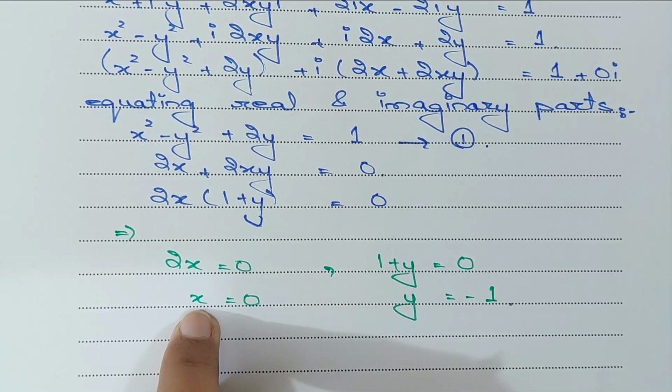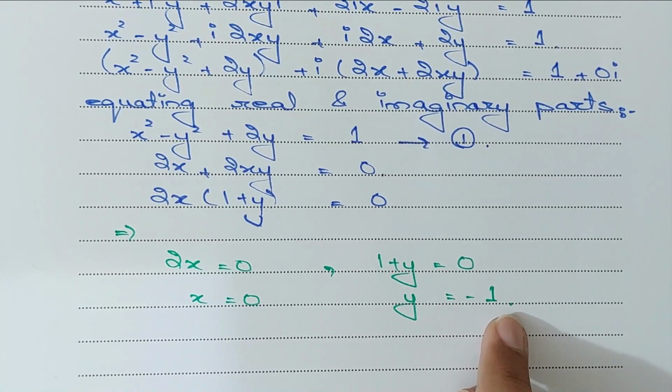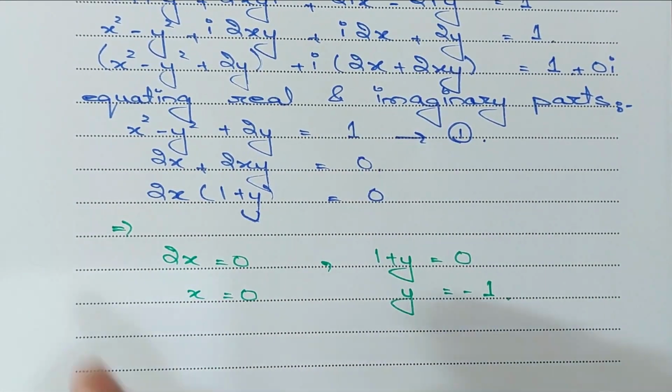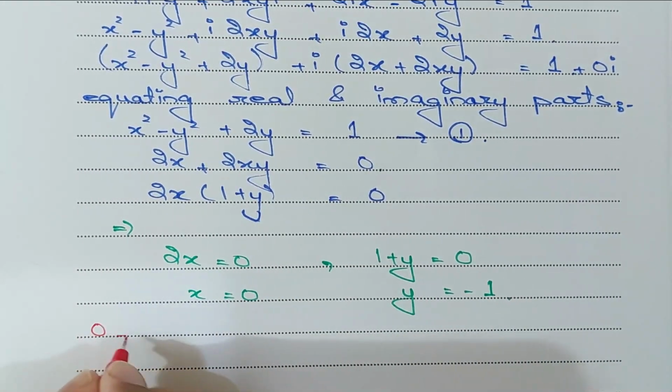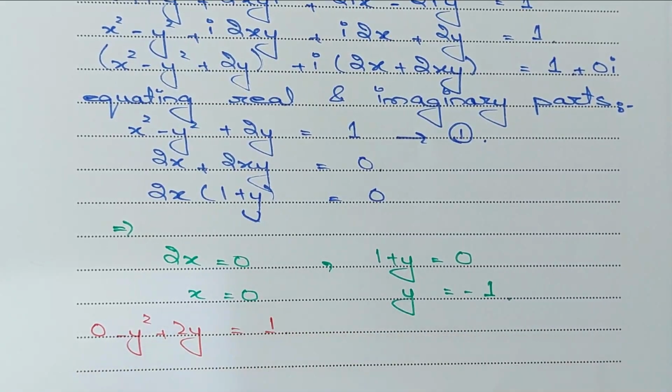Okay, so let me substitute x equals 0 into the first equation to get y, and y equals -1 into the first equation to get x. Okay, so at x equals 0, what is equation 1? We have 0 minus y squared plus 2y equals 1, right?